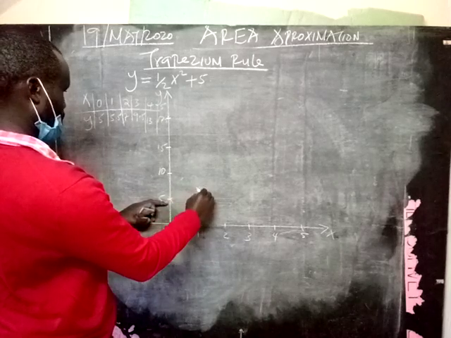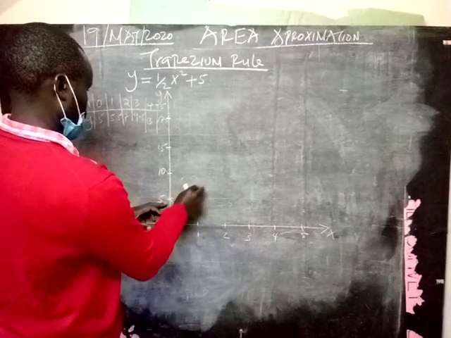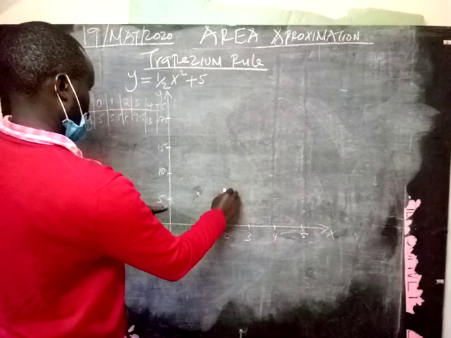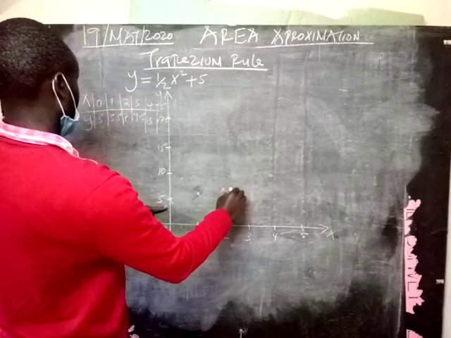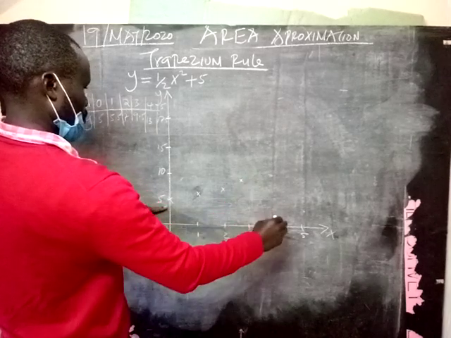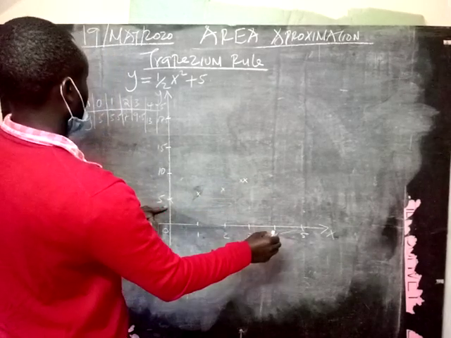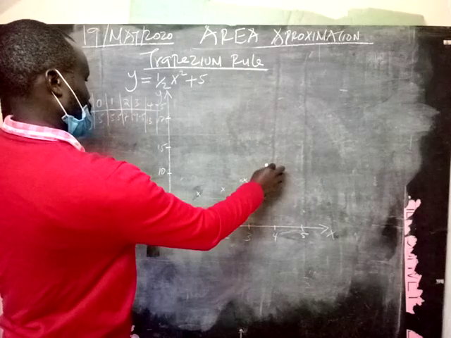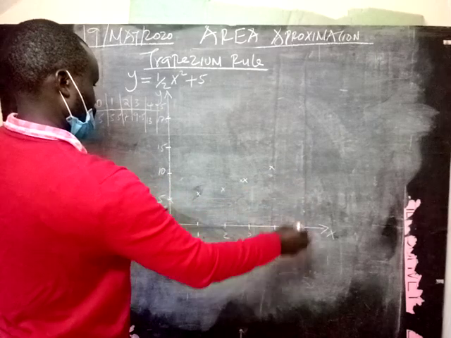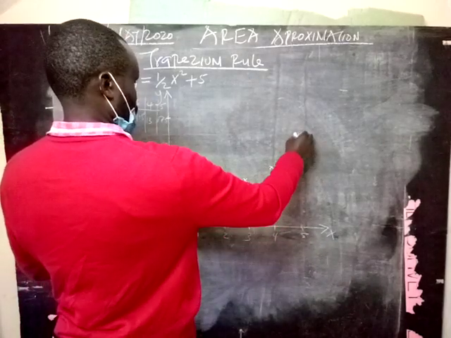We move to 2, we have 7, 3, we have 9.5, 4, we have 13, then we have 5 at 17.5.